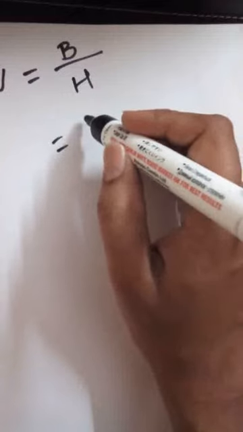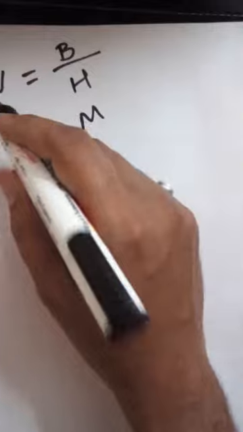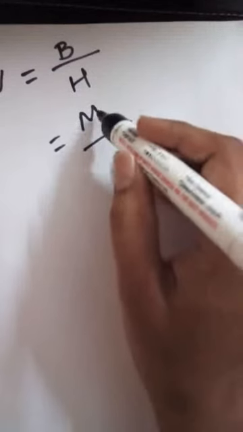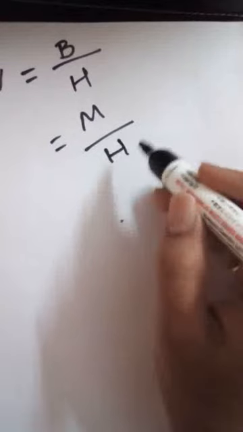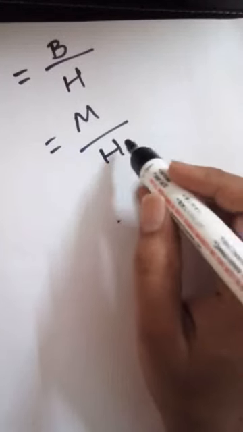It can be written in another form also, like this way. Magnetic permeability is the ratio of intensity of magnetization to the external applied magnetic field strength.